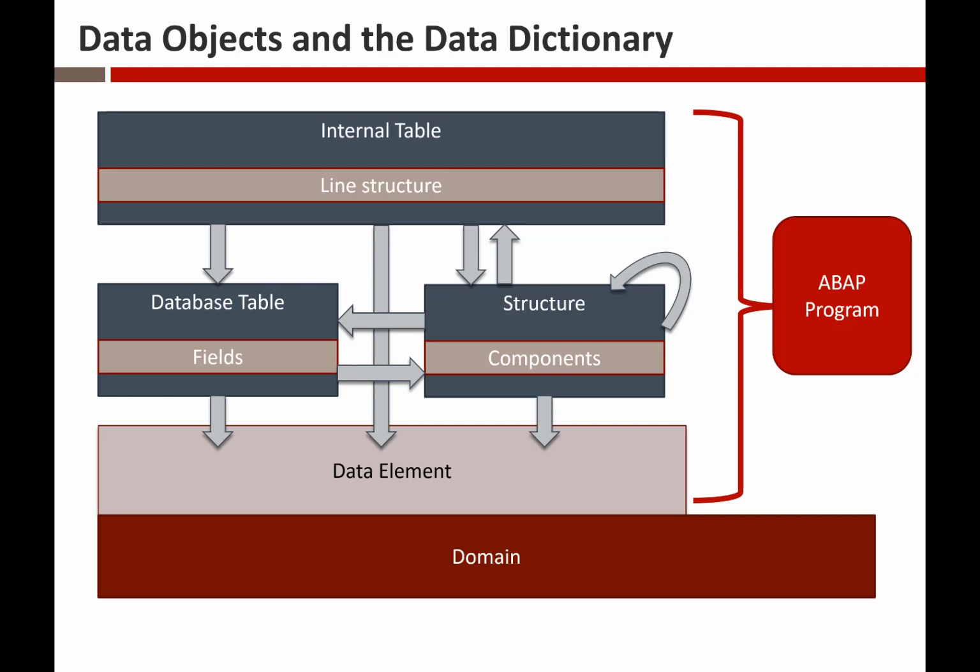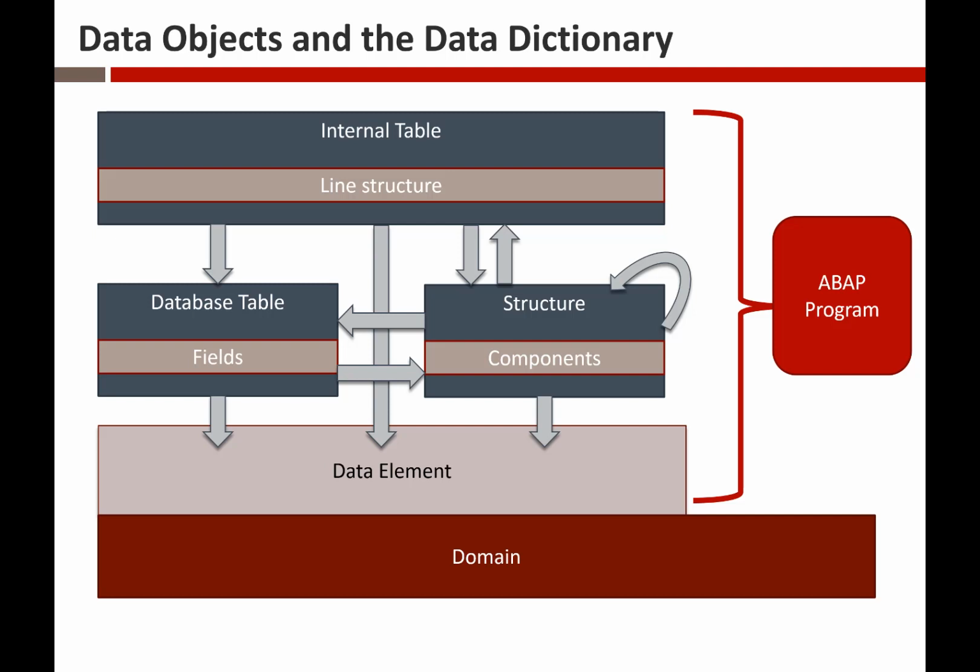I could then also create a structure called person detail, and one of the fields in here could be a reference to this structure. So I could have person info, and then I could have address, and then I could have zip code, and then I could have phone number.